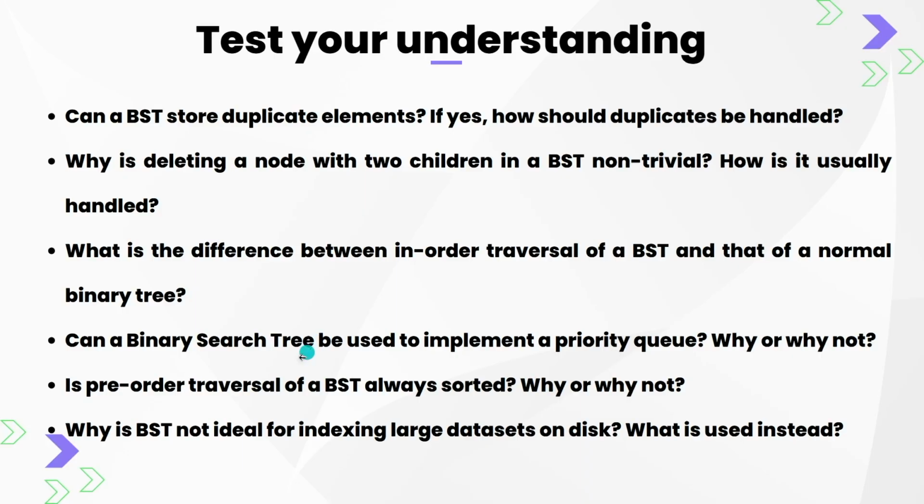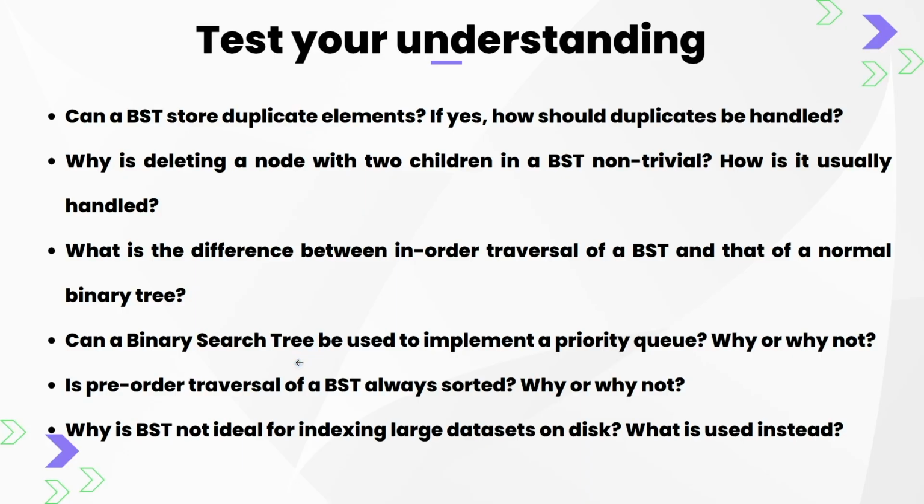Whereas when we do the same in-order traversal on a binary search tree, the search tree property holds for all the nodes, so naturally those elements will appear in a sorted fashion.